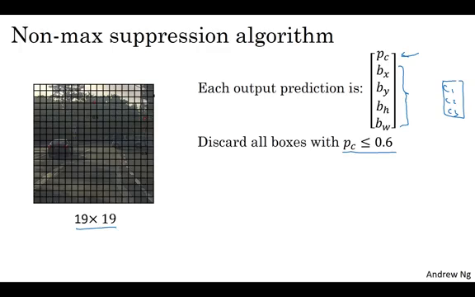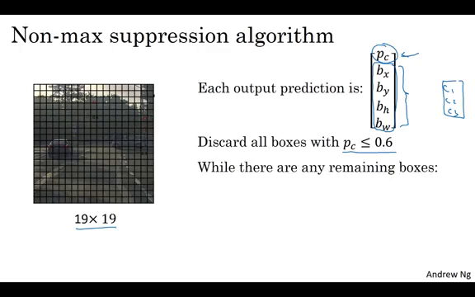So this discards all the low probability output boxes. The way to think about this is for each of the 361 positions, you output a bounding box together with a probability of that bounding box being a good one. So we're just going to discard all the bounding boxes that were assigned a low probability.